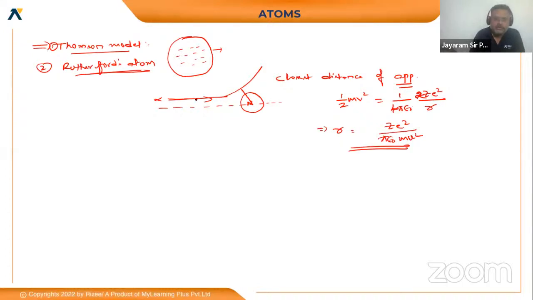This distance is represented by b, and b is called the impact parameter.